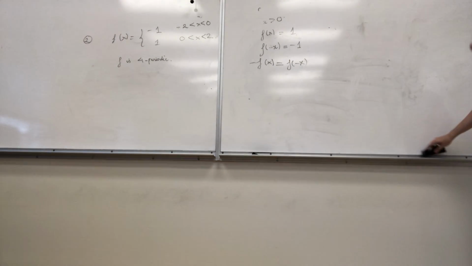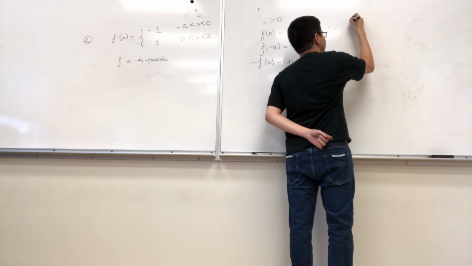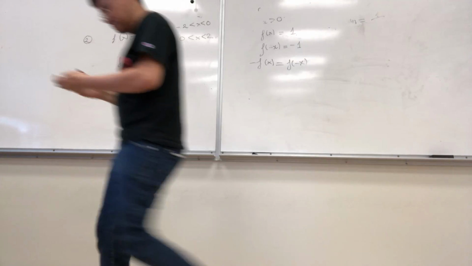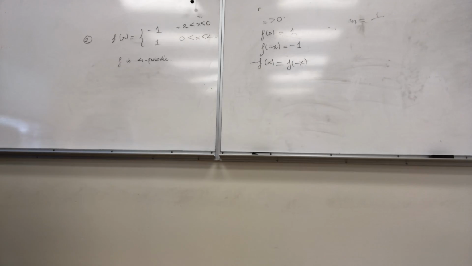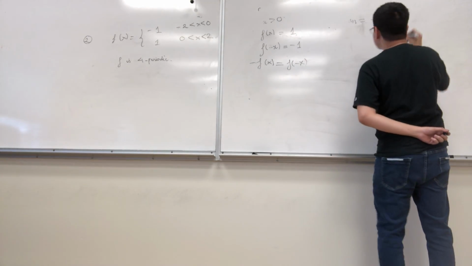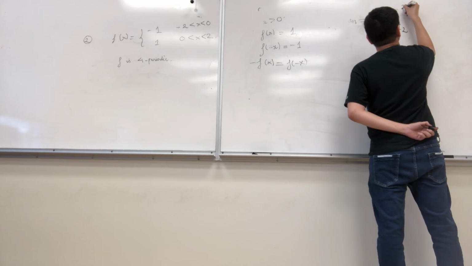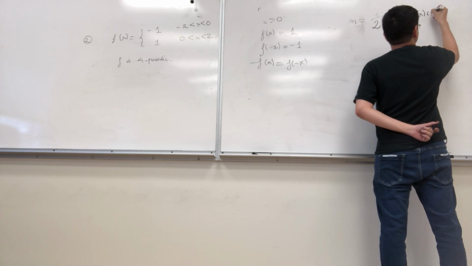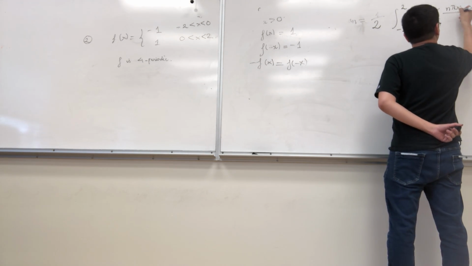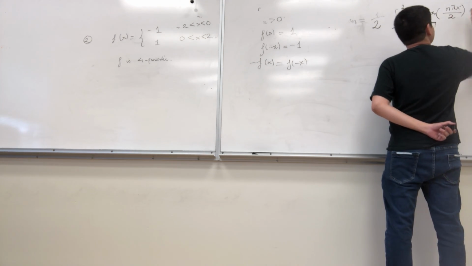Now let us try to compute a_n. So a_n is going to be 1 over 2 times the integral from -2 to 2 of f(x) cosine of n pi x over 2 dx.